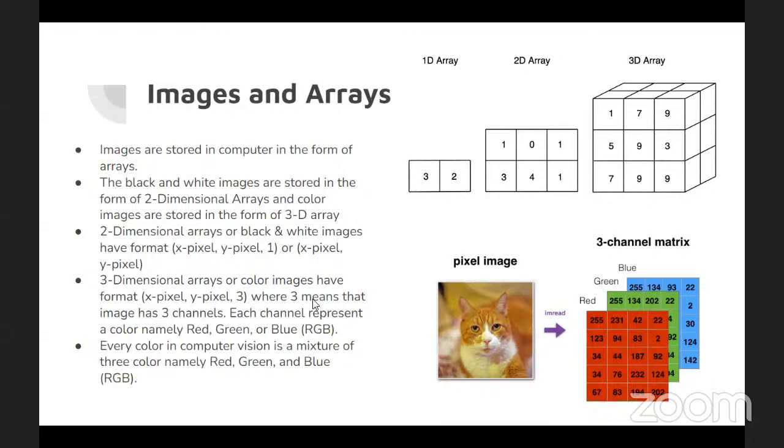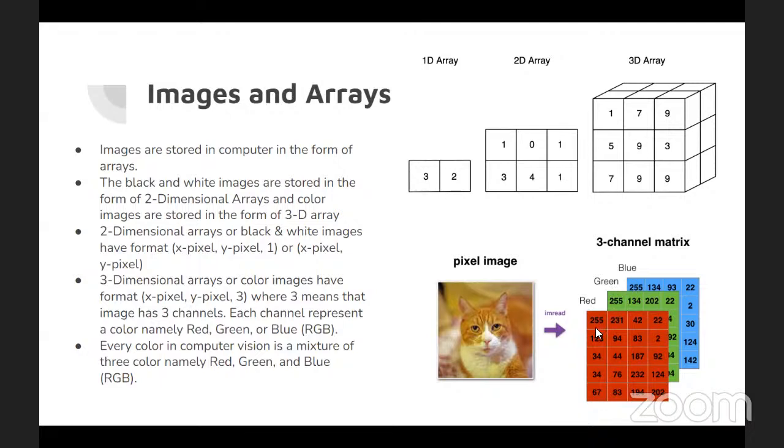One of the most important points to note here is that every image consists of different colors, and every different color is made by mixing red, green, and blue in computer vision. So whenever something tells you that the pixel value of the first pixel is 255, 255, and 255, that basically means it's a combination of red, green, blue, where the intensity of the red is 255, the intensity of the green is 255, and the intensity of the blue is 255.